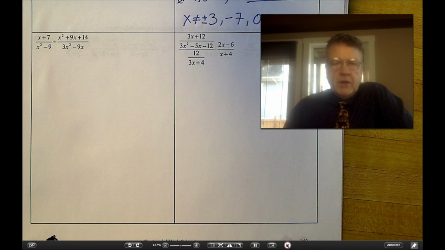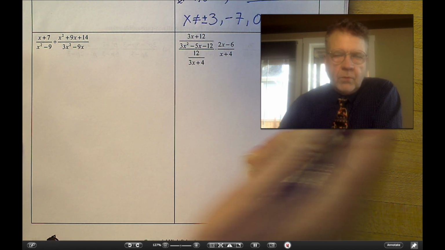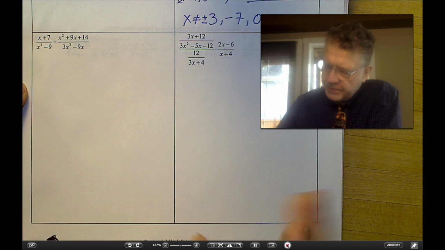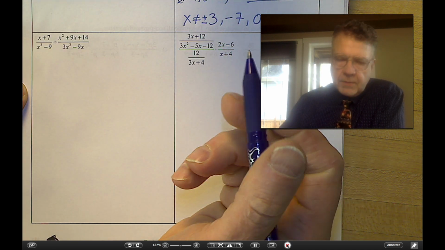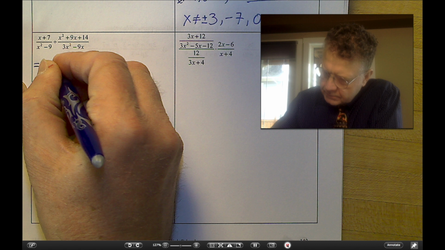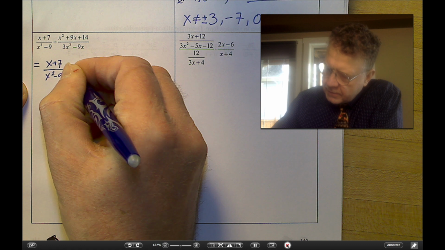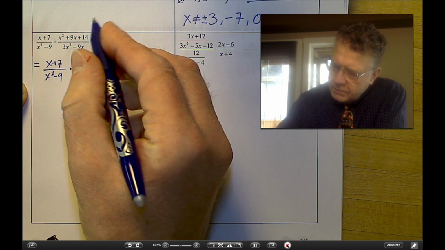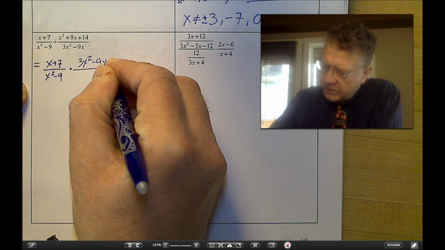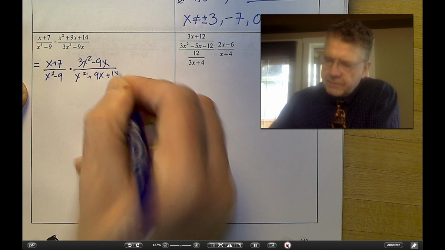All right, moving right along here. Here's the division question. Well, the first step you need to do when looking at a division question is to rearrange the expression as a multiplication, right? So x plus 7 divided by x squared minus 9, divided by that mess, is going to be the same as x plus 7 over x squared minus 9 times 3x squared minus 9x over x squared plus 9x plus 14.